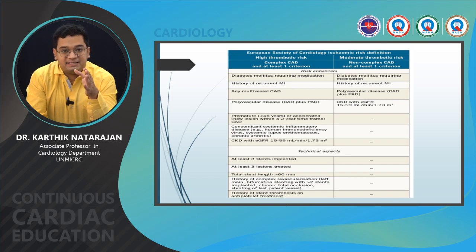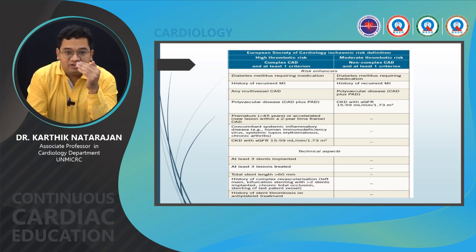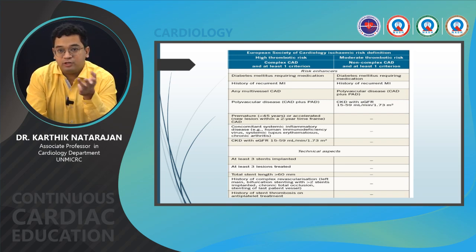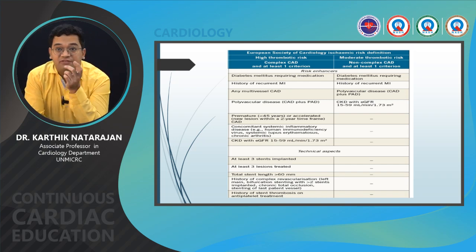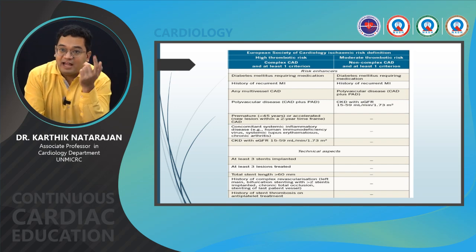Plus technical aspects like more than 3 stents, more than 3 lesions, lesion length or the stent length more than 60 millimeters. If it's a complex CAD, left main, bifurcations, CTOs, vein graft stenting, more than 2 stents implanted, history of stent thrombosis, all these constitute a high thrombotic risk patient. If it's a moderate thrombotic risk, you have diabetes, history of MI, polyvascular disease, and CKD.